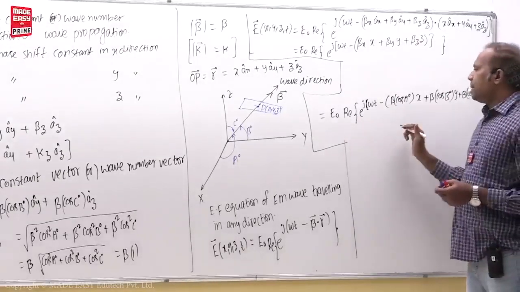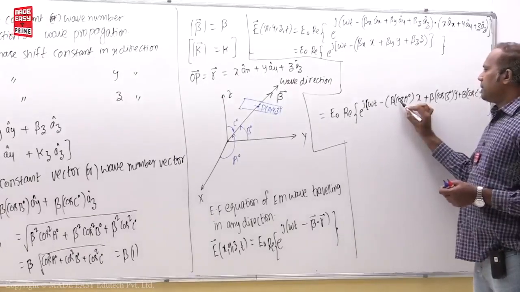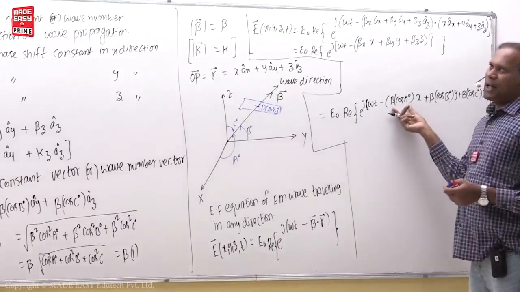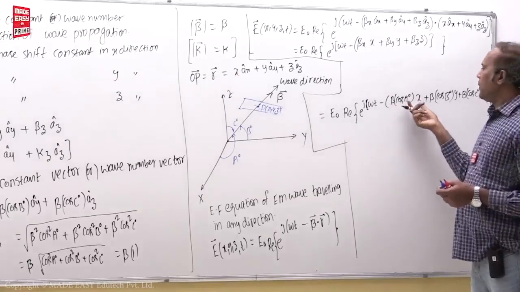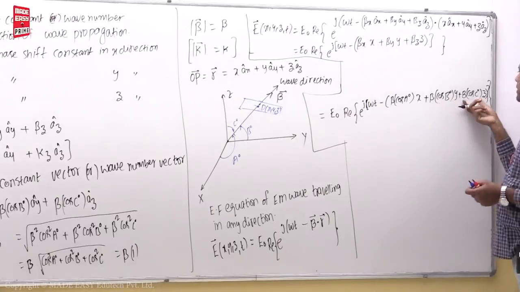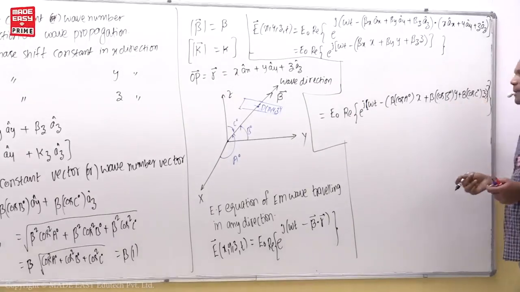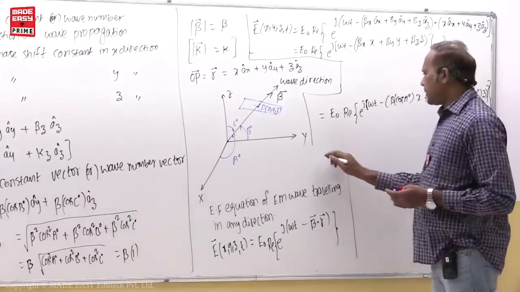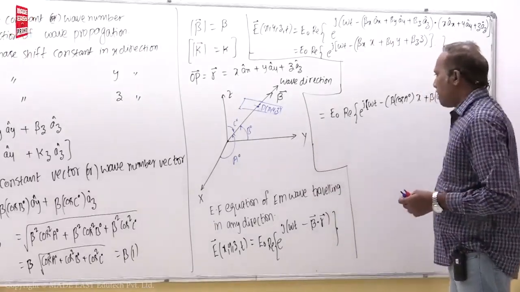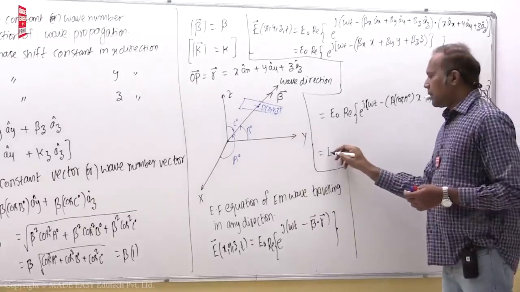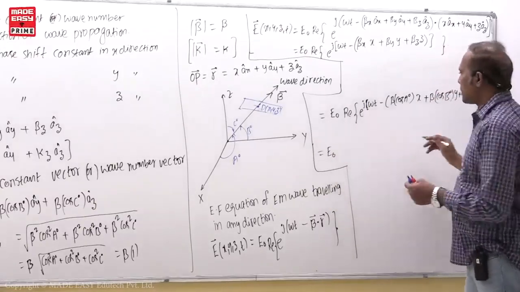So here simply it is beta x into x. That means the phase shift constant in x direction multiplied with x, the phase shift constant in y direction multiplied with y, the phase shift constant in z direction multiplied with z. So if you write this by removing the exponential, you get E naught into the real part. Actually, this is j.